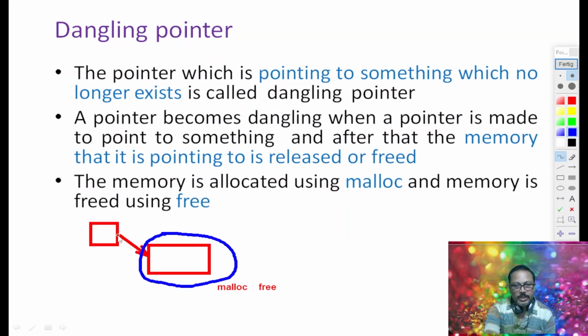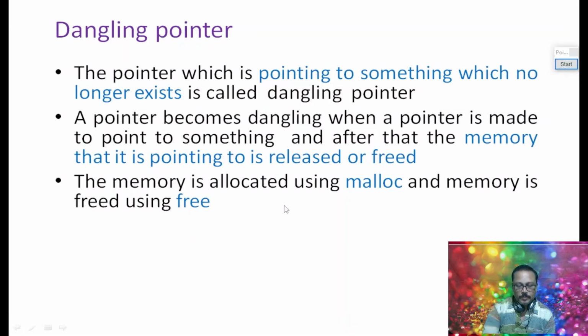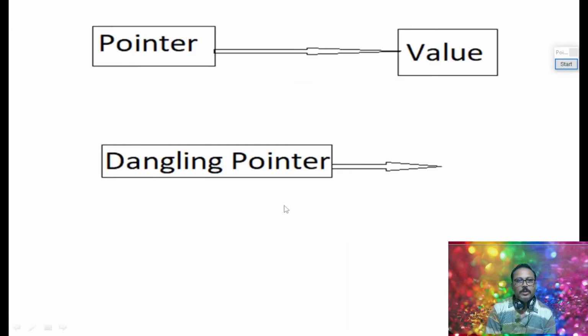So this pointer is pointing to something which is no longer meaningful. That is called a dangling pointer. So here you can see the pointer pointing and that memory is freed. In that case, it is a dangling pointer.